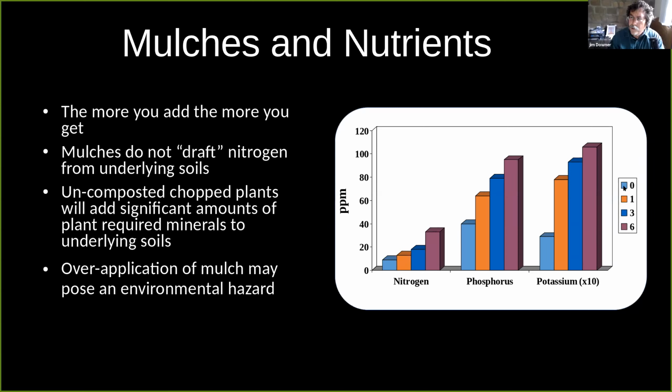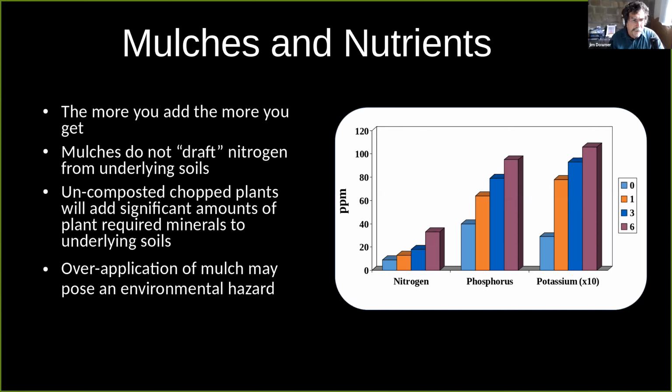The blue bar is no mulch, then 1 inch of mulch, 3 inches of mulch, or 6 inches of mulch. And you see this very linear effect on N, P, and K. So basically, the more mulch you put down, the more mineral nutrients accumulated in that soil over time. And this was a loam, clay loam soil with yard waste mulches applied over the top in a citrus orchard. These were all applied fresh. There was no compost involved here.